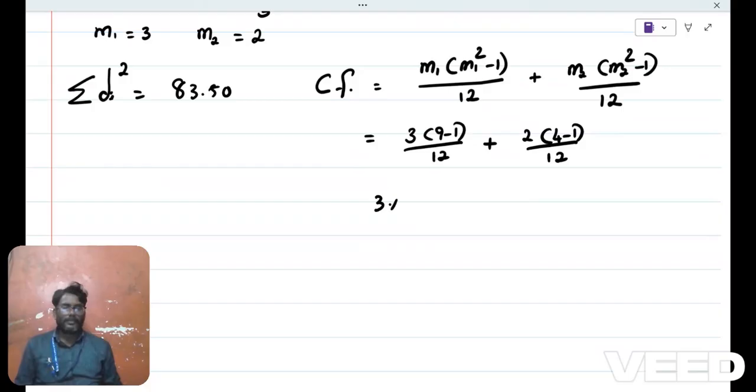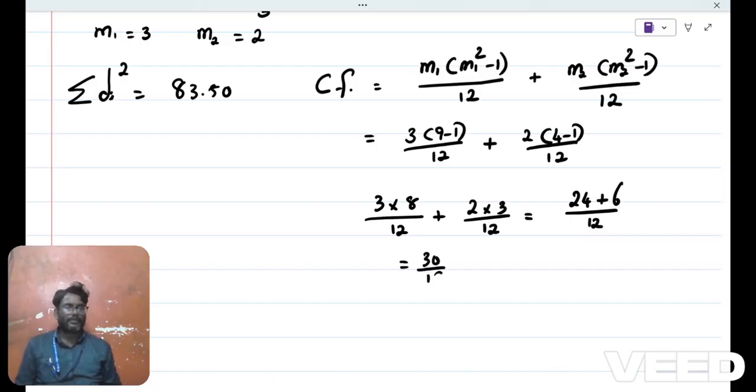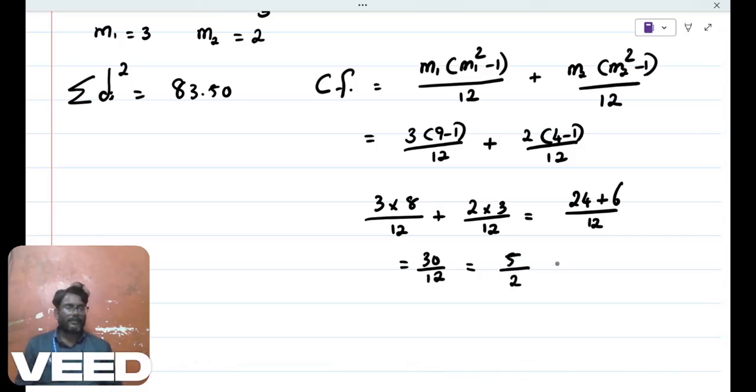So 3 into 8 by 12 plus 2 into 3 by 12. So 8 threes are 24 plus 2 threes are 6, by 12. Which is equal to 30 by 12. Using the table, 6 fives are 30 divided by 6 twos are 12. The answer is 5 by 2, which is 2.5.